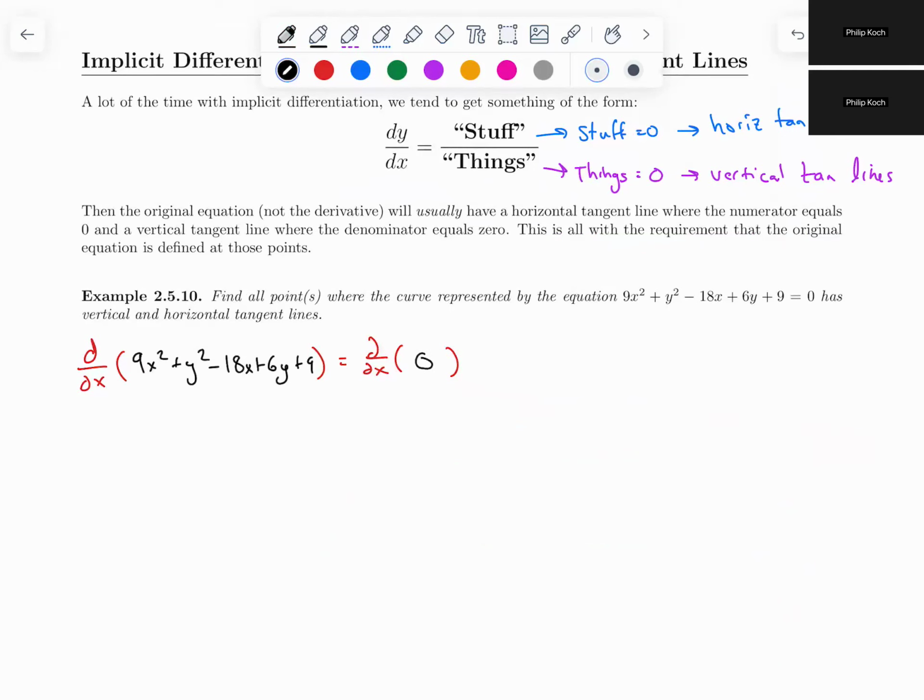And that gets us 18x plus 2y dy/dx by the chain rule minus 18 plus 6 dy/dx equals 0.